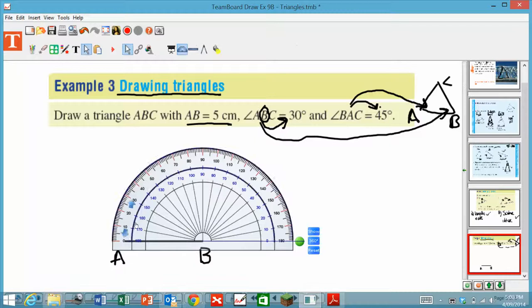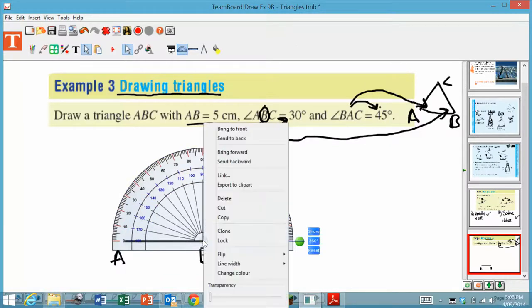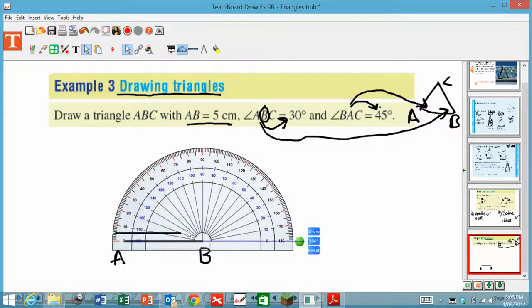Sometimes technology doesn't work, so let's try again. Okay, from there to there, that's 30. I'm measuring from 0 up to 30, so I'm looking at the outside numbers.